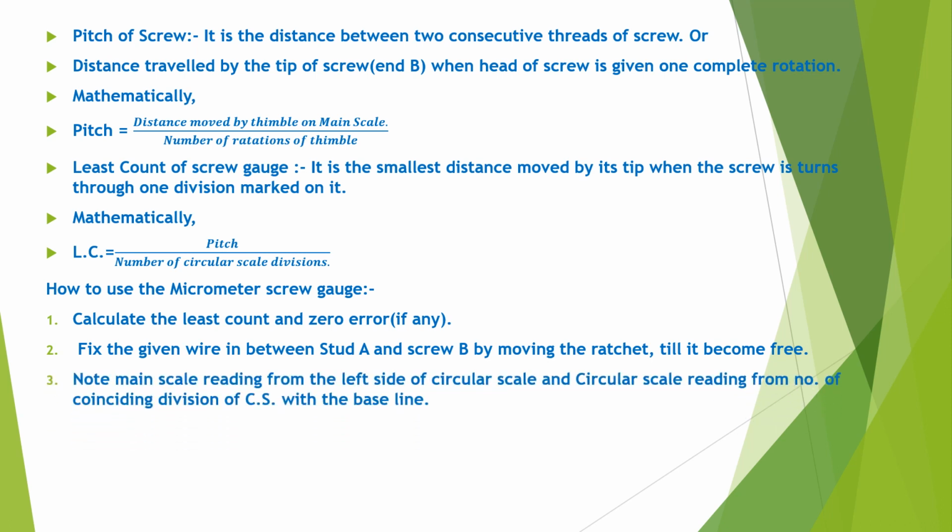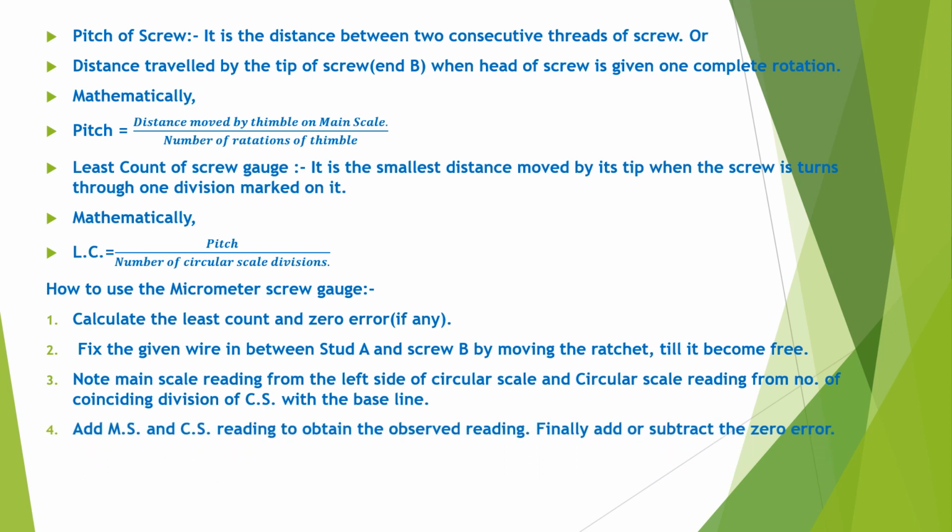And we have to note the readings: the main scale reading from the left hand side of the circular scale, and the circular scale reading from the number of divisions of the circular scale that is coinciding with the baseline or the reference line. Then we need to add the main scale reading and the circular scale reading to obtain the observed reading, and finally we need to subtract or add the zero error.